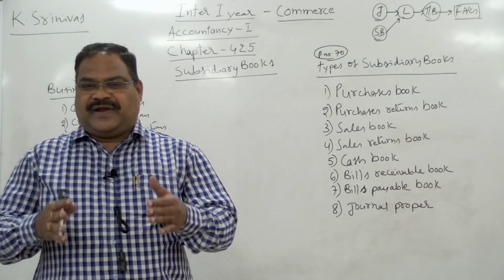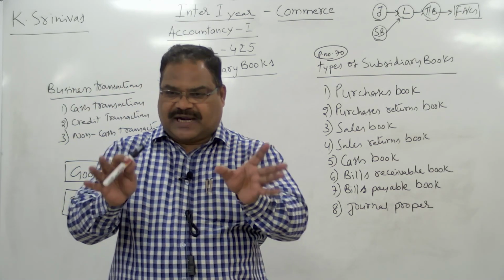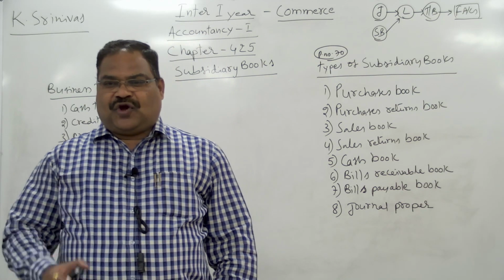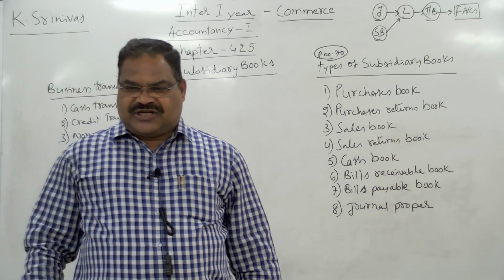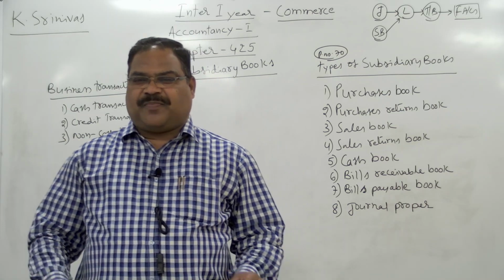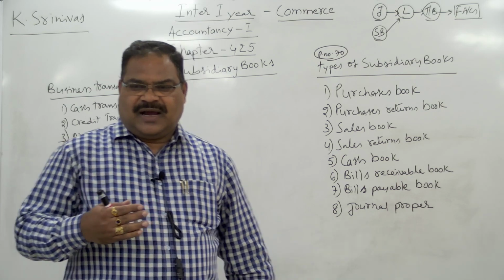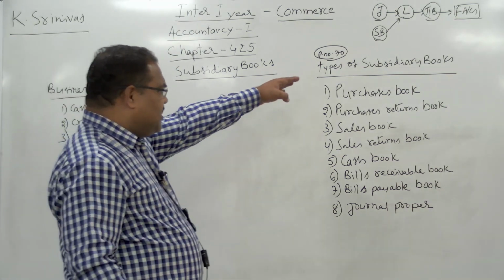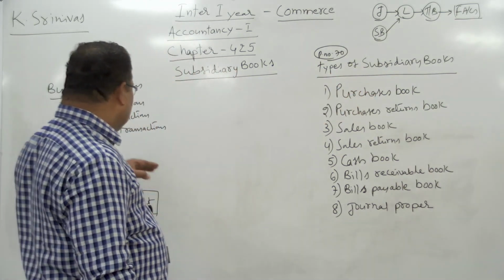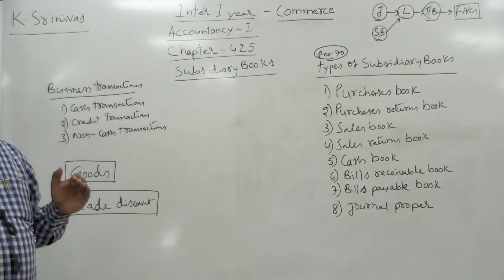And what are we supposed to do with these business transactions? First, we are supposed to understand them. If you are able to understand the business transactions, you will be able to take the transactions into the proper books.